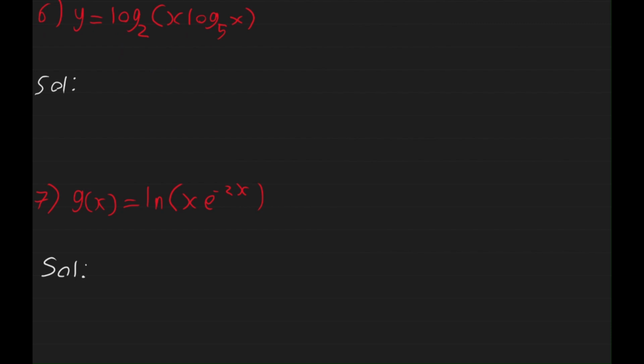Okay, now for question number 6. We have log to the base 2 of x times log to the base 5 of x. As you see, the x is multiplied by log to the base 5 of x, so we can separate them and write it as log 2 x plus log 2 log 5 x.